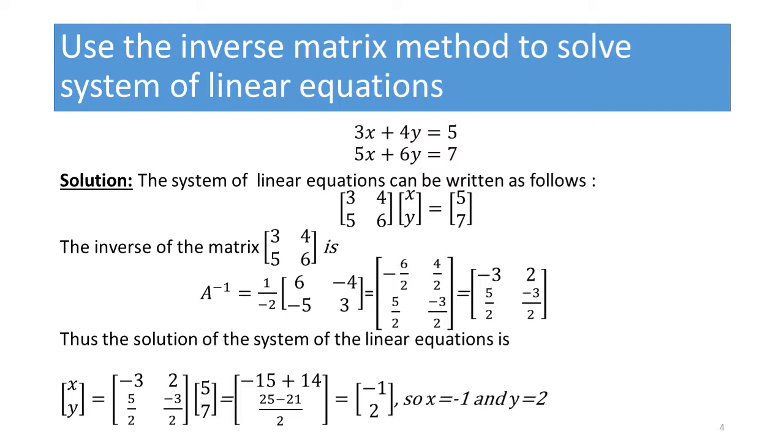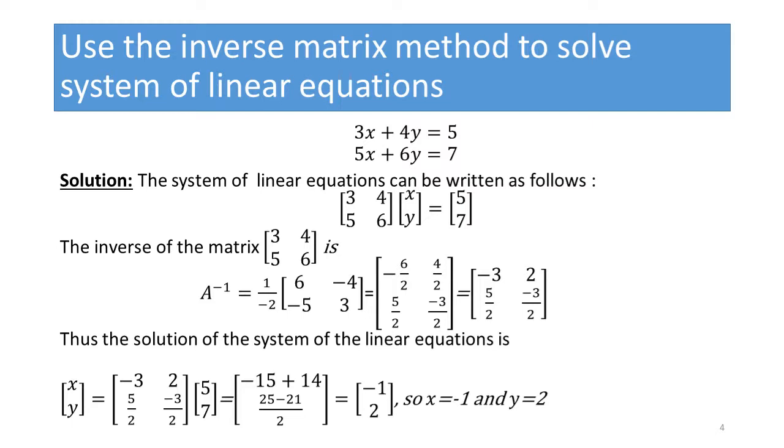And next A inverse is minus 3, 2, 5 by 2, minus 3 by 2. And B is the matrix 5, 7. Now we have to use matrix multiplication. A inverse is a 2 cross 2 matrix, and B is a 2 cross 1 matrix. So the final answer will be 2 cross 1.